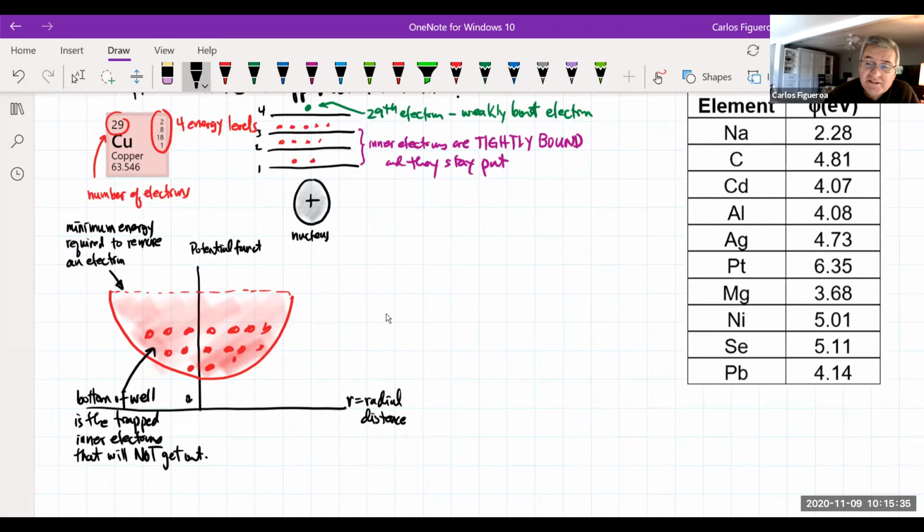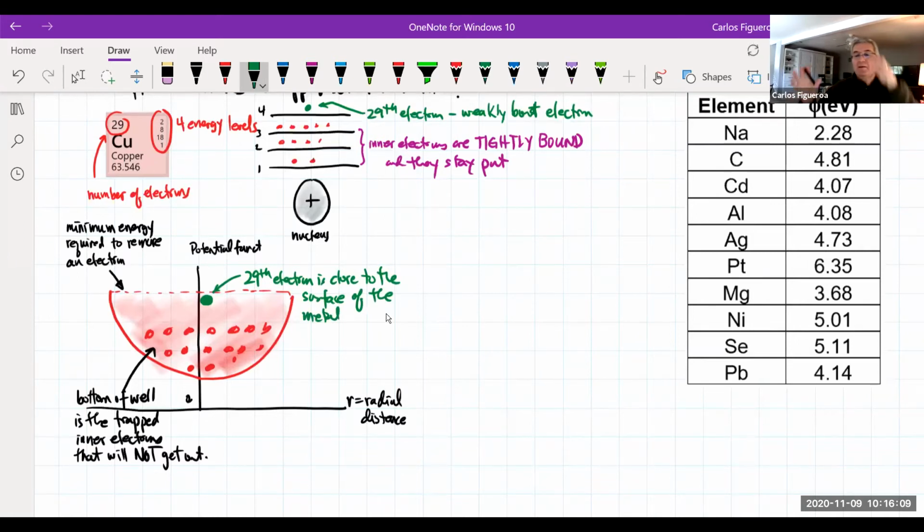So the question is, where are the weakly bound electrons? So up here at the top, I could have other electrons there, but I'm only going to show one. What you're seeing here is that the 29th electron is close to the surface of the metal.